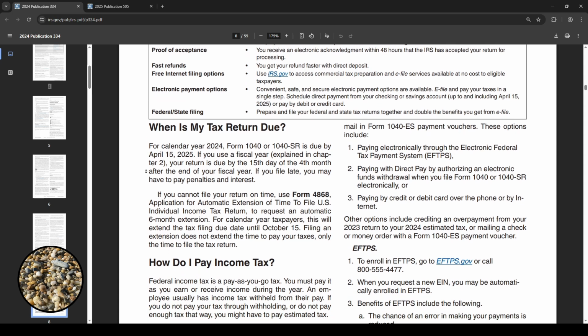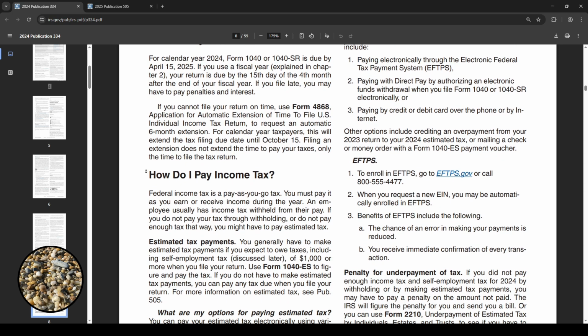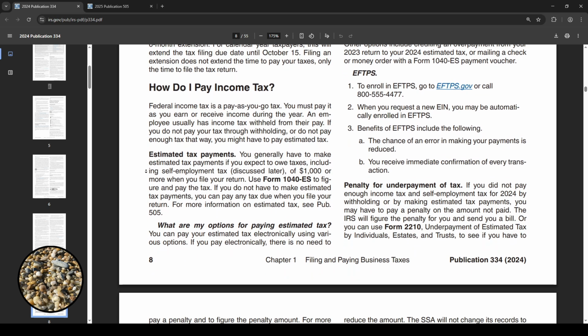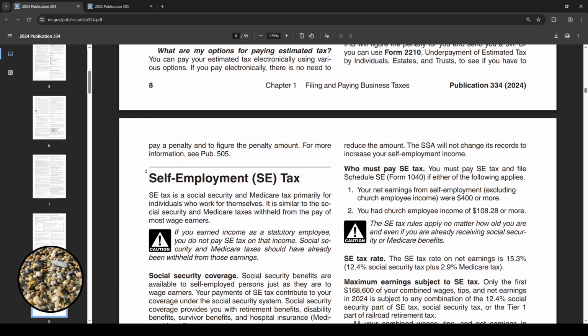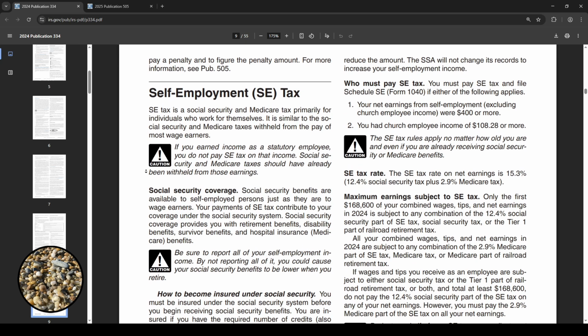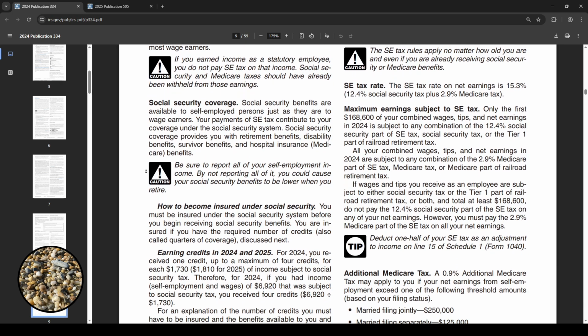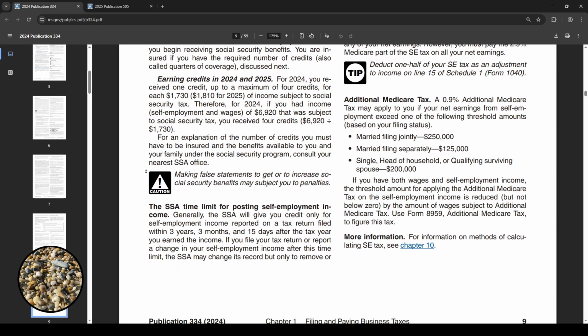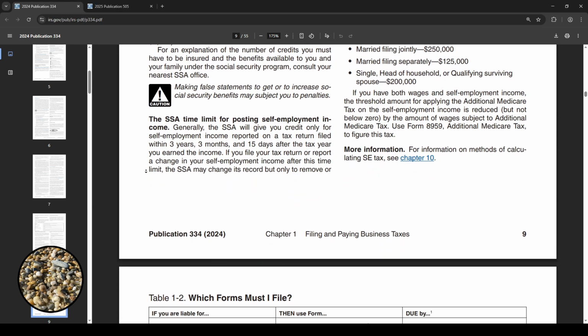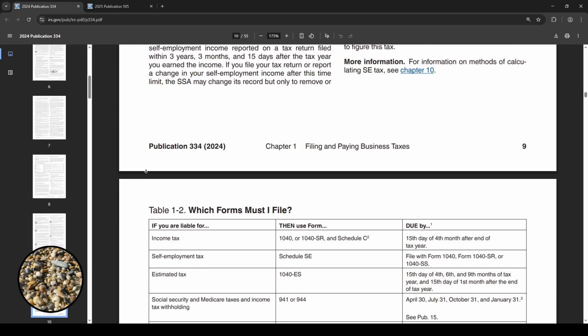How to estimate your payments. To calculate what you owe, you first need to estimate your total adjusted gross income for the year. Let us look at some real numbers for a typical small business. Suppose your LLC is projected to make $100,000 in net profit after all business expenses are deducted.